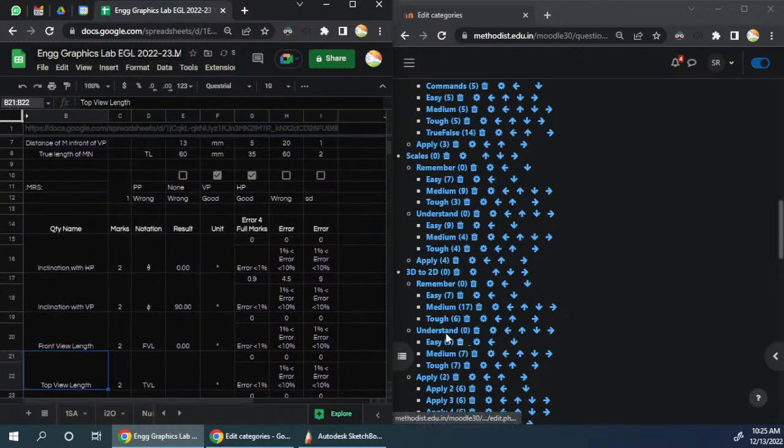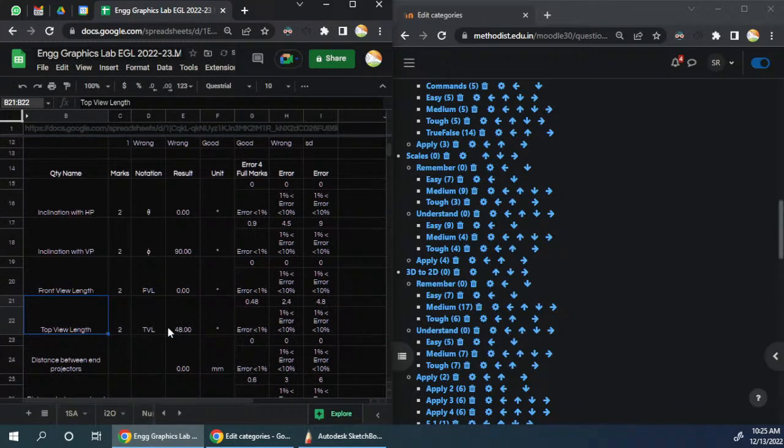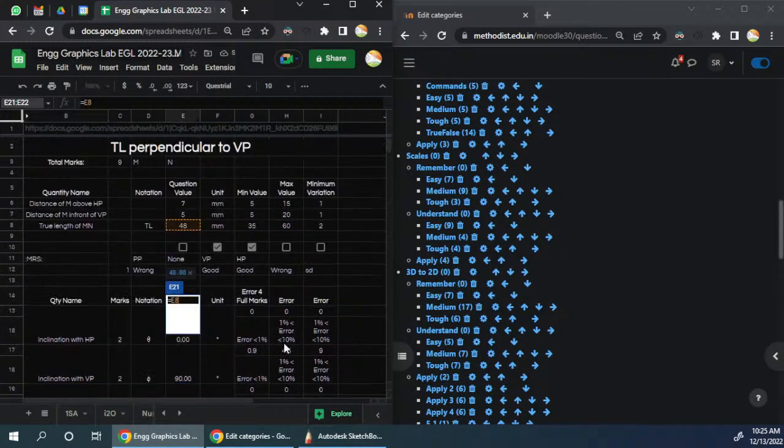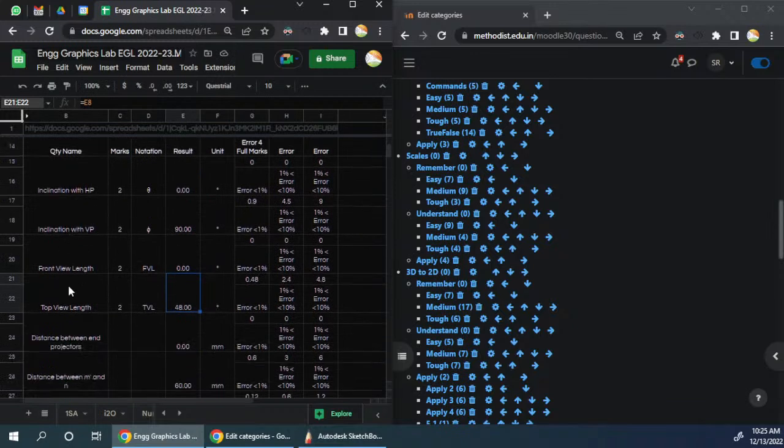It's the true length. Right. Then side view length. This one is pretty close. I guess it's not needed. Side view length is going to be 0. Definitely 0.